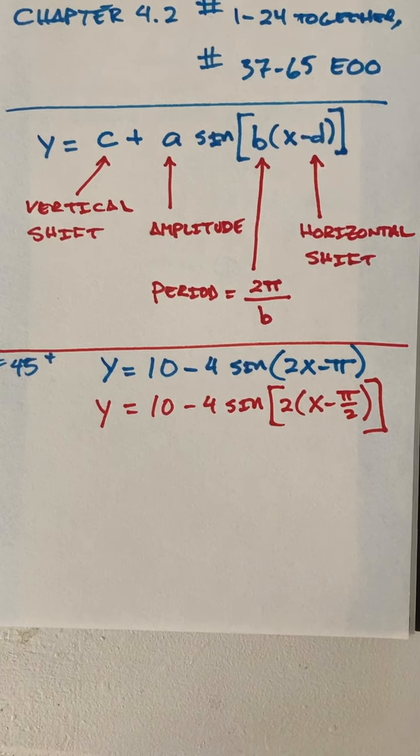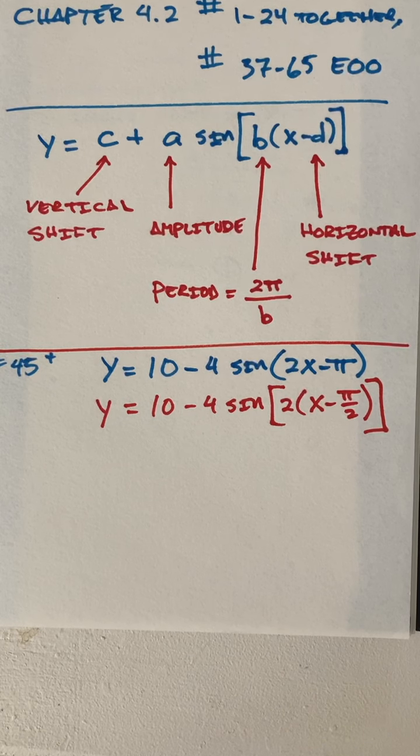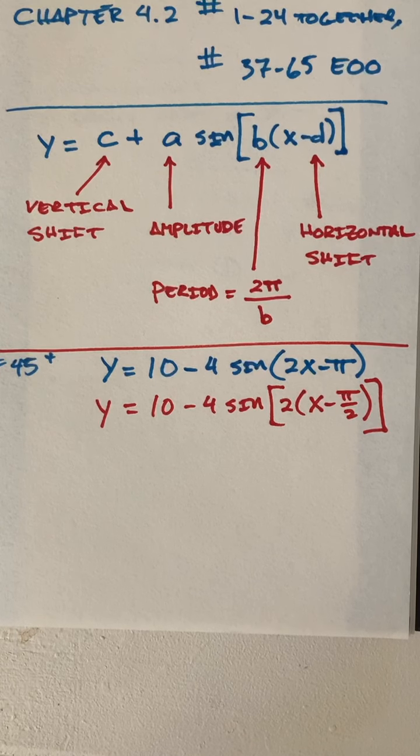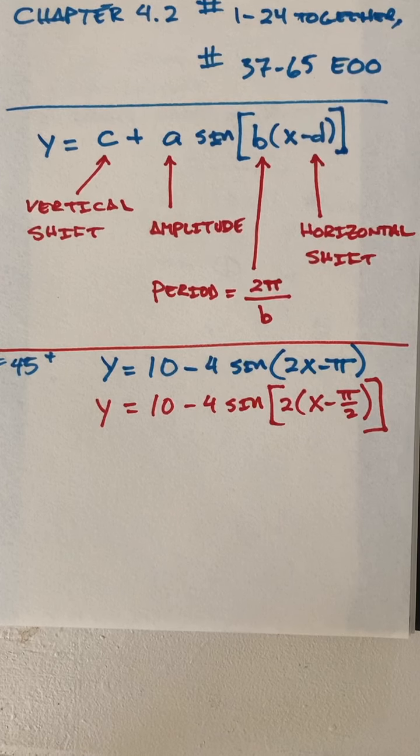All right, method 2 on page 157 reads like this. It says step 1, graph y equals a sine bx, or y equals a cosine bx. The amplitude of the function is the absolute value of a, and the period is 2 pi over b, okay?